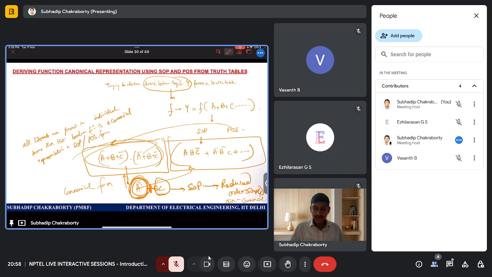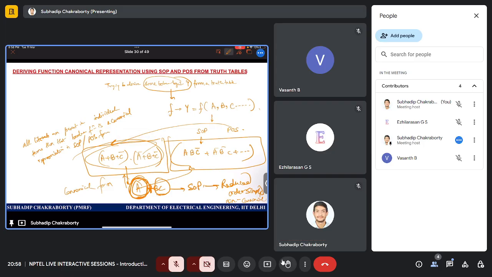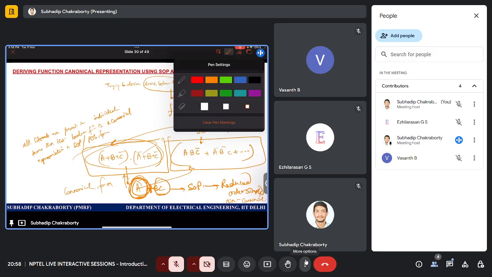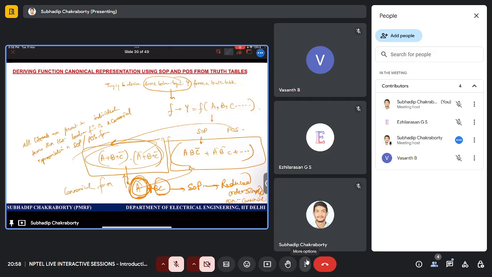What I am trying to explain, I will explain with an example. Then only you will understand what I am trying to tell. Let us consider you have three variables, A, B, C, and you have Y. Now I am giving you the truth table, for example. So the truth table is like this.